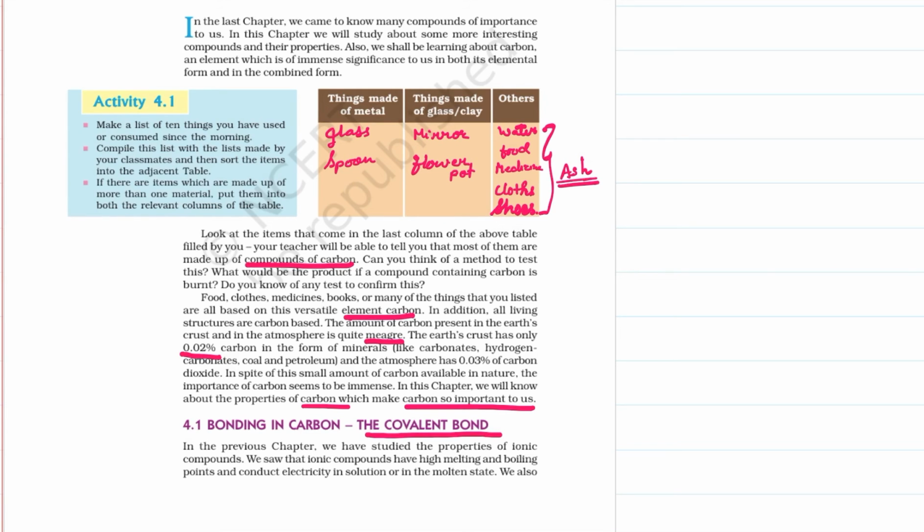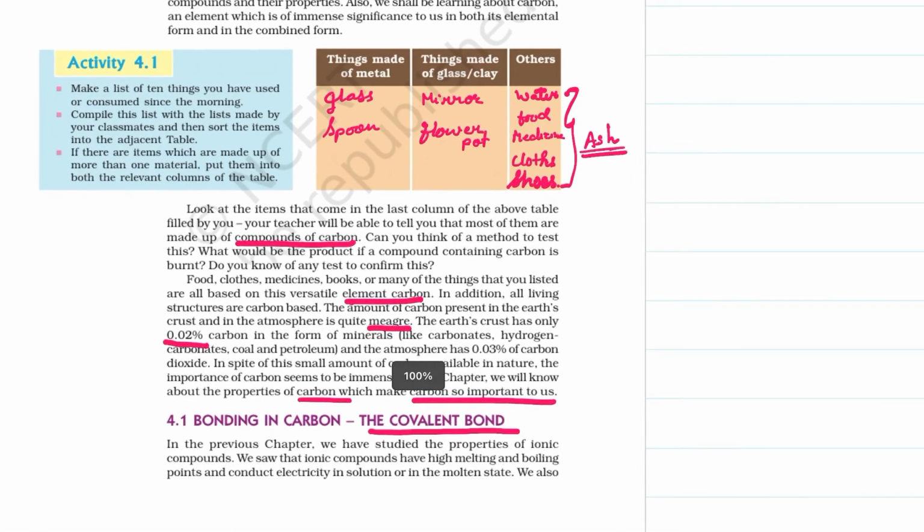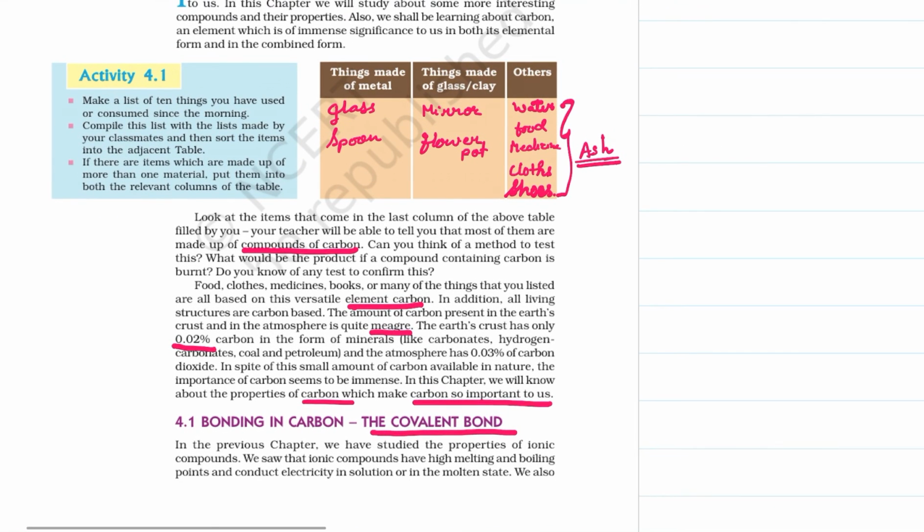And to test the presence of carbon, we generally burn the compound given to us, and if ash remains back, it is carbon, and if it doesn't, then it is not made up of carbon.